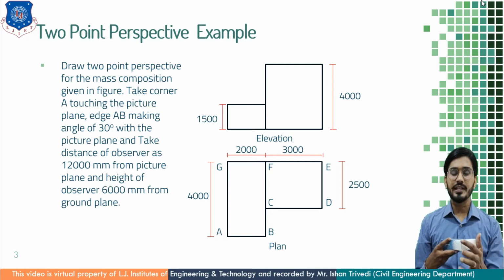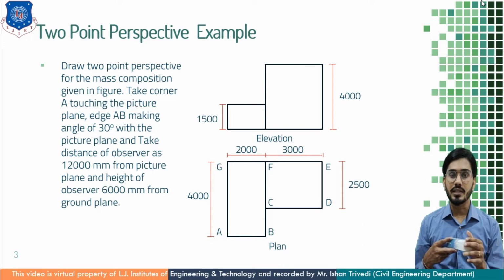If this is point A, which is resting on the picture plane, then B will be at a 30 degree inclination. So what about line AG? AG makes an angle of 60 degrees, as AB and AG are perpendicular to each other, making 90 degrees. So 30 plus 90 is 120 degrees from this line, that is the AG line.